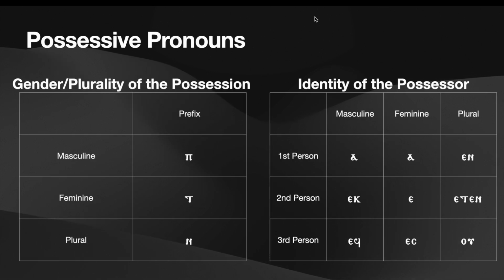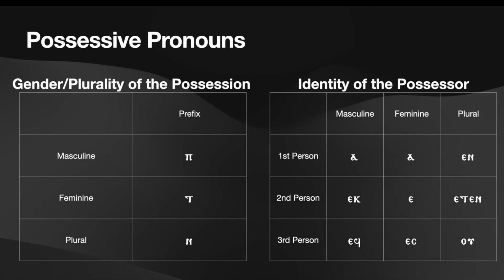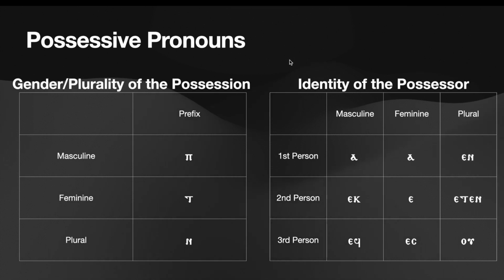So then possessive pronouns, right? This looks a bit more complicated, but believe me, it would look a whole lot more complicated if I had the entire thing, so I have it split up for simplicity. Whenever you're using a possessive pronoun, you can think of it as a word that has two separate parts.